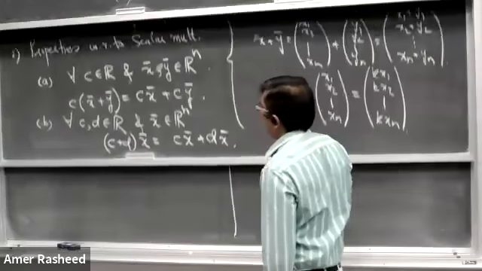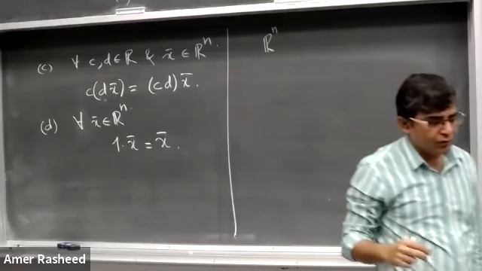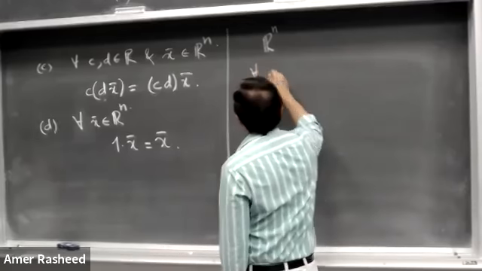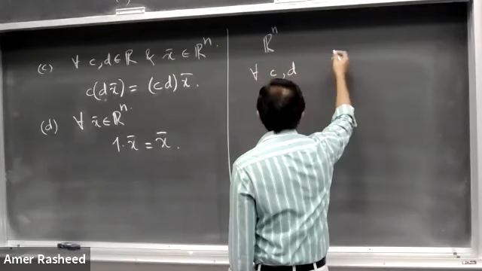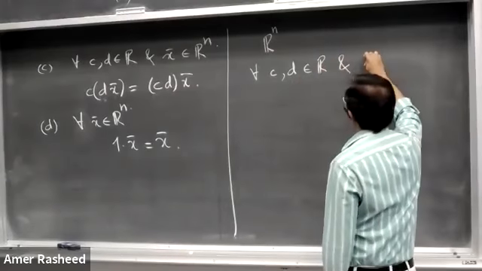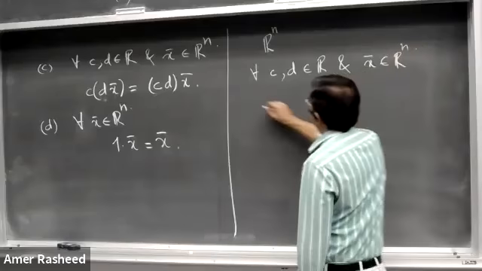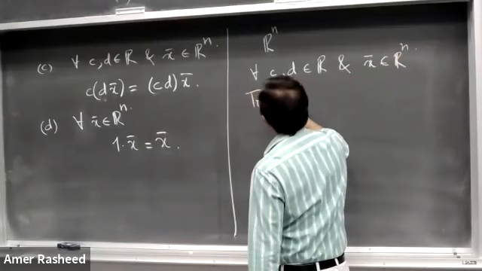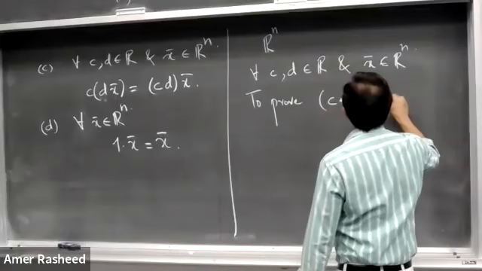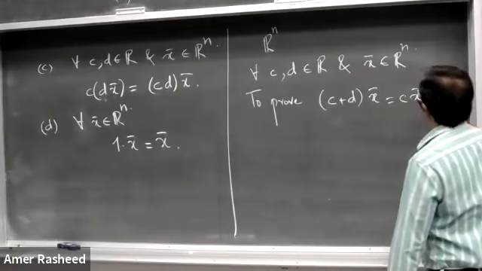I'm going to prove B1 and then I hope you can do the rest yourself. So for all c, d, two scalars which belong to R, and a vector x from Rn, we need to prove (c plus d) times x is equal to c x plus d x. Okay, we have to prove it.